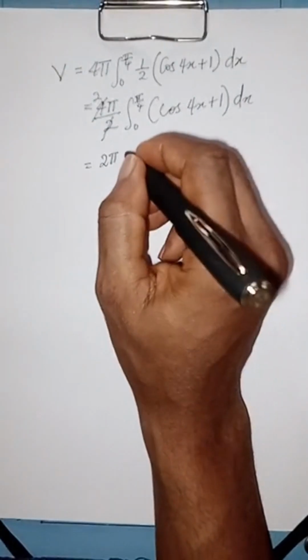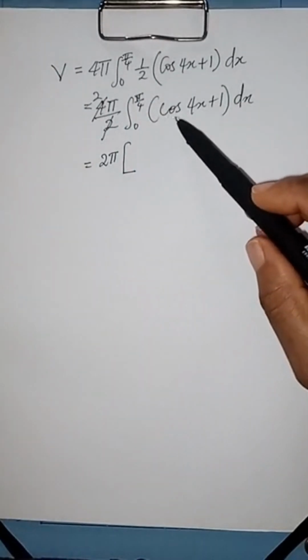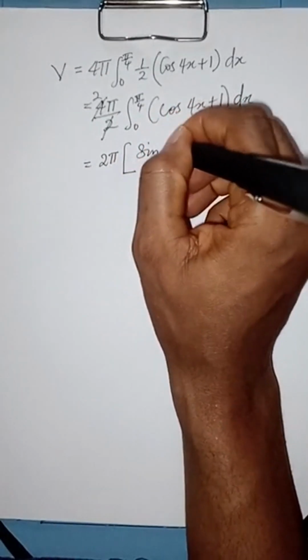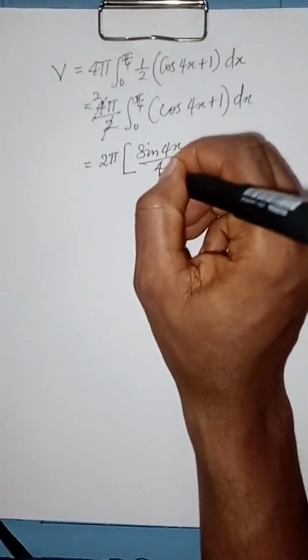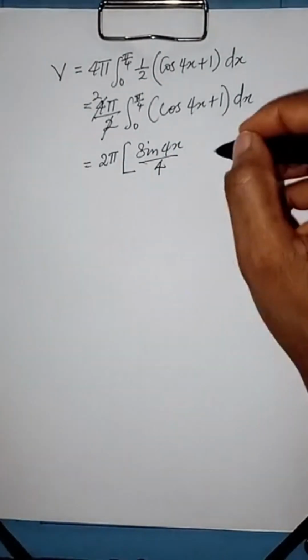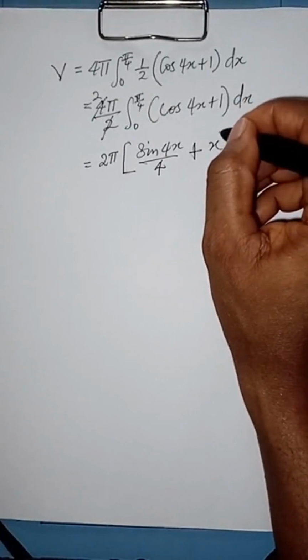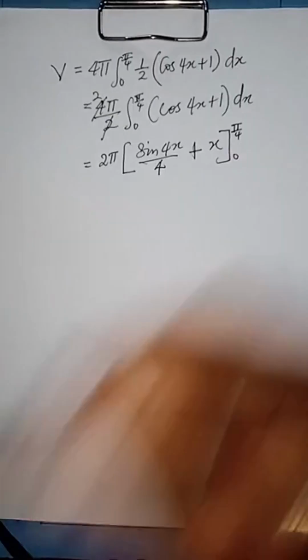If you integrate this, what will you have? Recall, if you integrate cos, it's sine. So this is going to be sine 4x. If you differentiate 4x, it's 4, so you divide by 4. If you integrate 1, which is a constant, you get x, bounded by 0 to pi divided by 4.